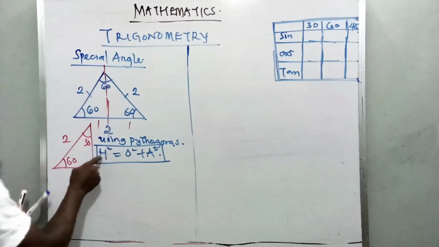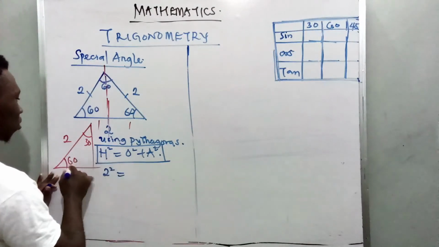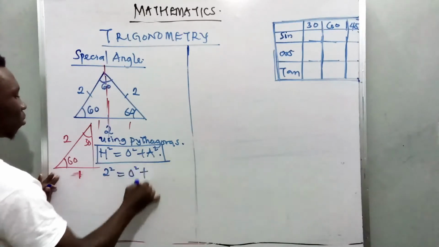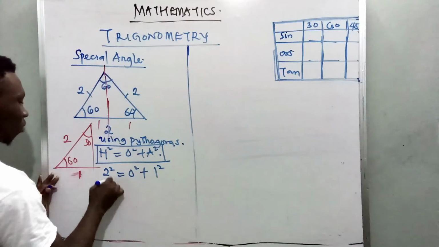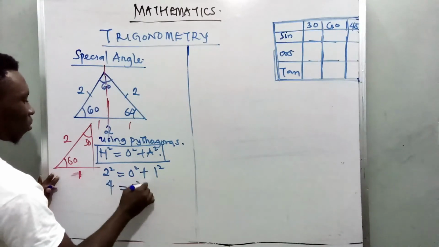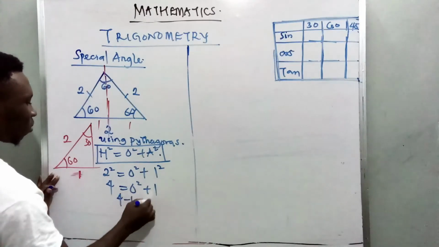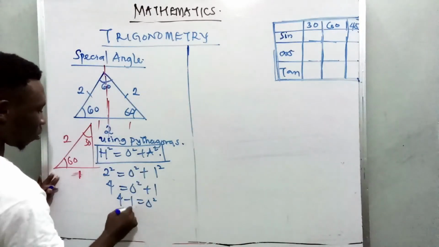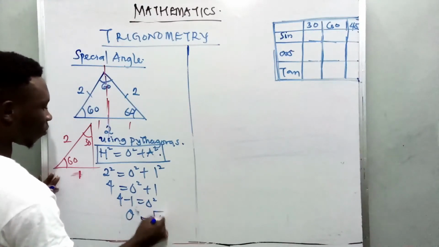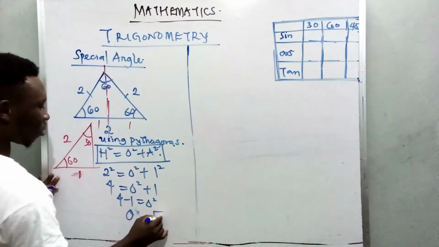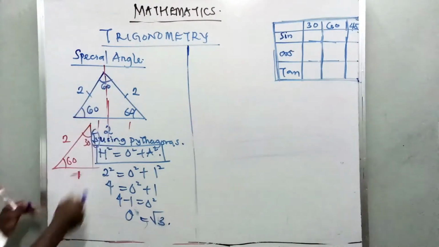Here your h is 2. So 2 squared, that's 4, is equal to o squared plus 1. Collecting that, 4 minus 1 is equal to o squared. So o is equal to square root of 3. So this part here is square root of 3.